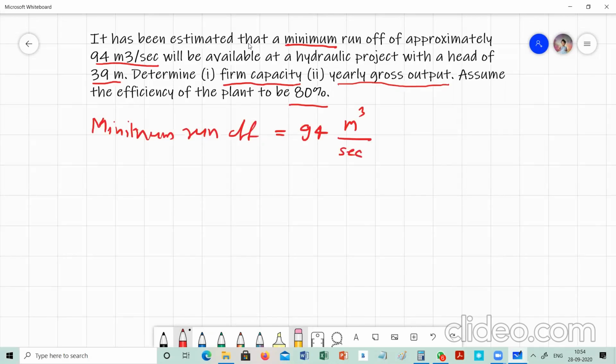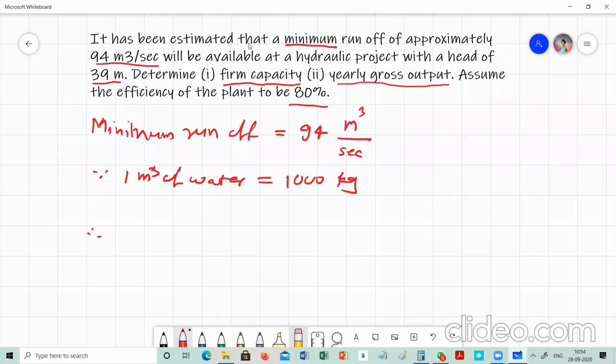Since we know that 1 meter cube of water is equal to 1000 kilogram, the minimum runoff is nothing but the water available in any condition.